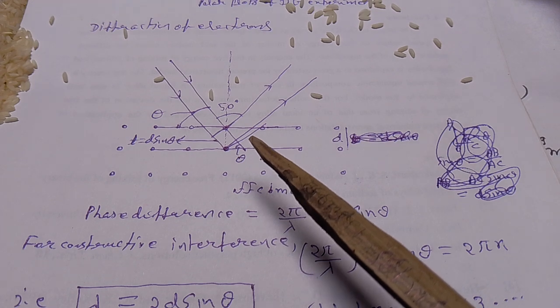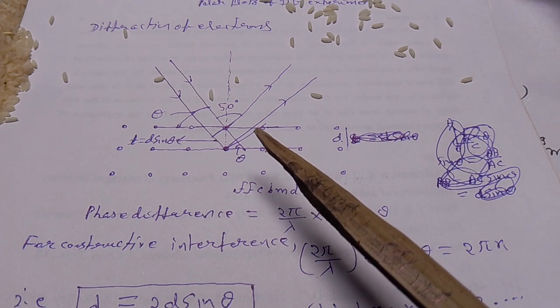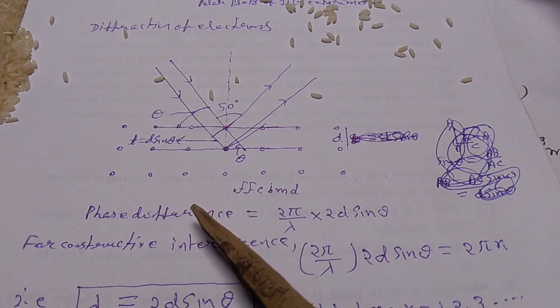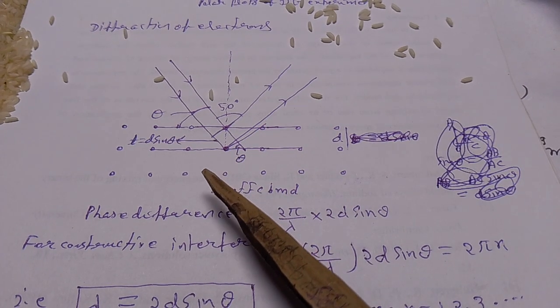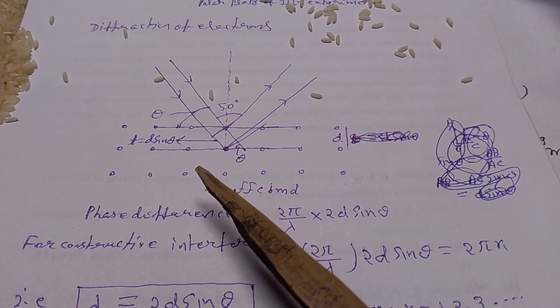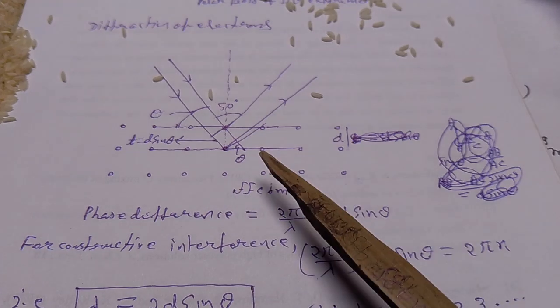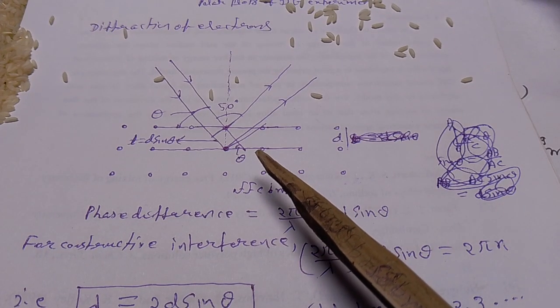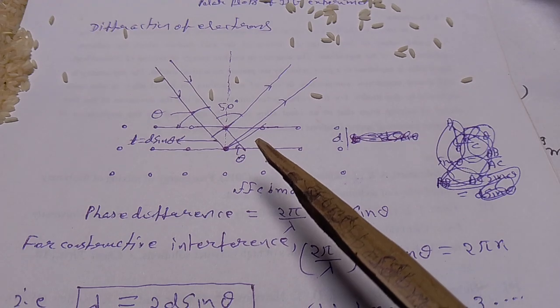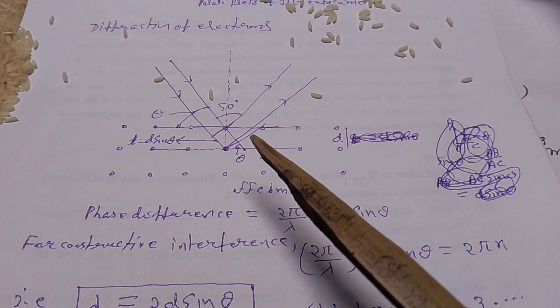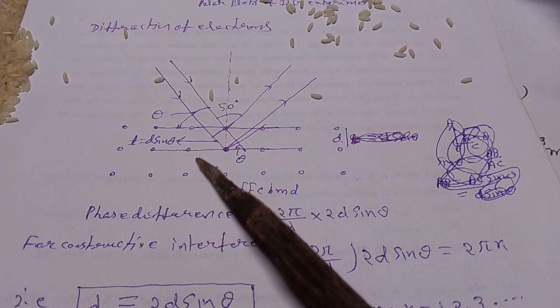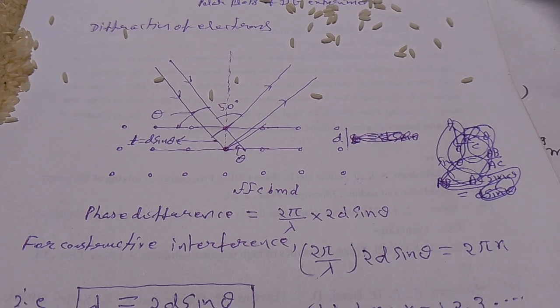In one particular experiment, the electron beam was accelerated to a potential of 54 volts and the maximum intensity was observed at an angle of 65 degrees between a particular family of crystal planes and the incident beam, that is, the scattered beam.